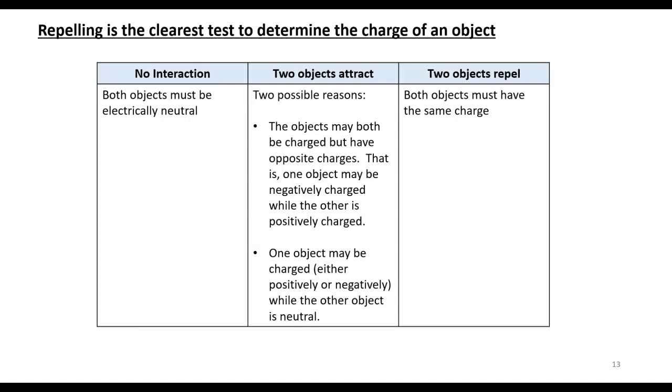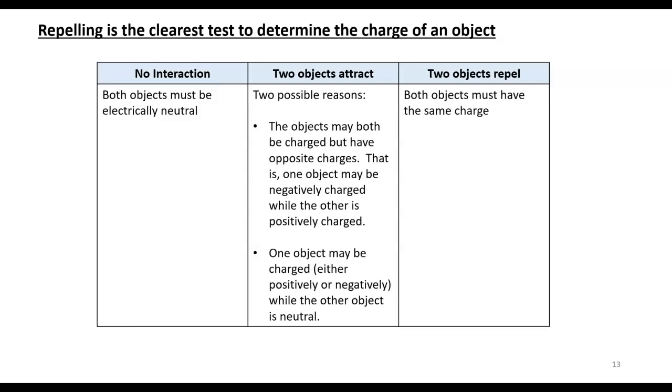But if you see the two objects attracting each other, then there are two possible reasons. One scenario is that both objects may have an electric charge, but their charges are different. So one is negatively charged and the other is positively charged. But another scenario that would explain why the two objects attract is that one object is charged while the other object is neutral, and it is becoming polarized by being close to the charged object.